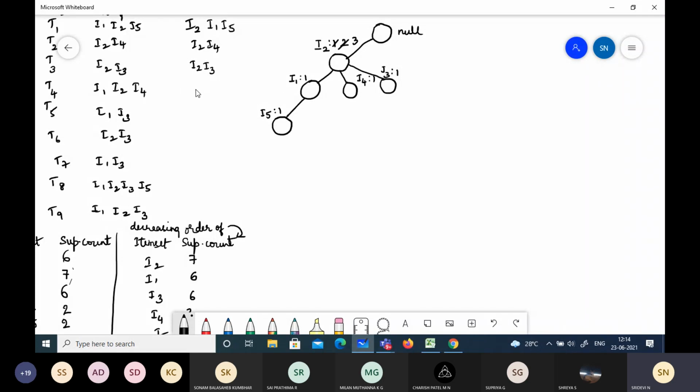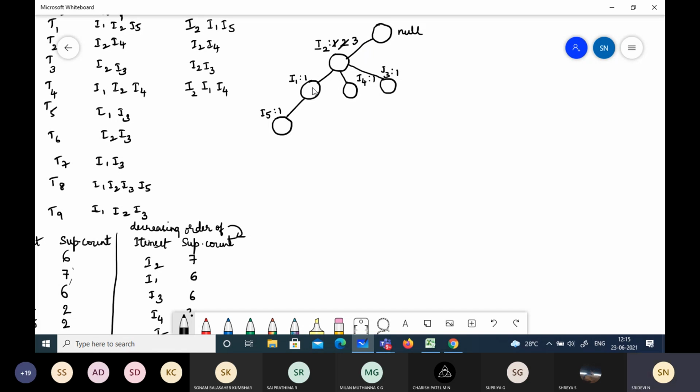Next, do I need to arrange the items in the transaction, or are they in order already? I2 should come first. Yes, I2 I'll have, and then I1, I2, I1, and then I4. Okay, I've arranged it. Now I'll check here. I2, yes. I1, yes.